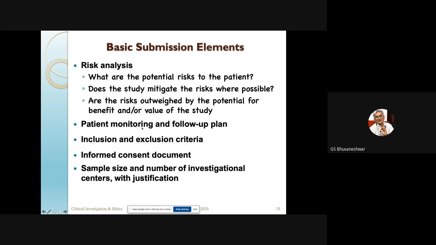So all these criteria will affect how you take your informed consent, how much documentation is done. And then, as I said, you have to determine the sample size, the number of investigational centers. You have to justify the number of centers, the number of samples based on statistical analysis.